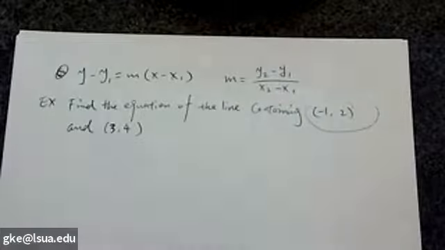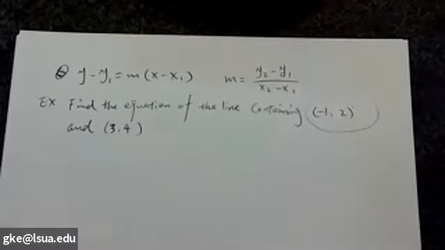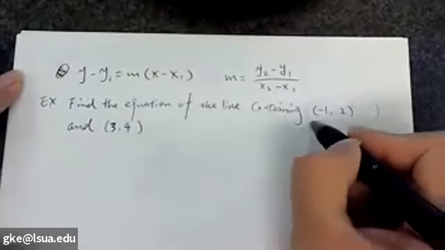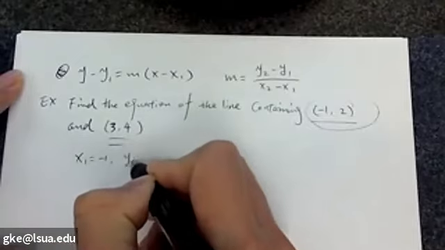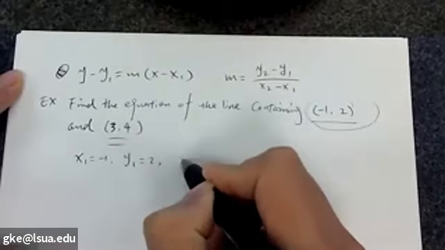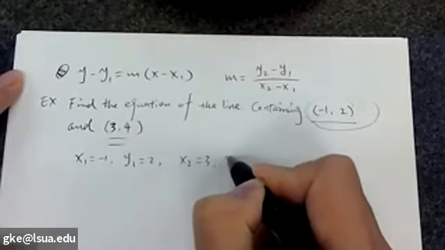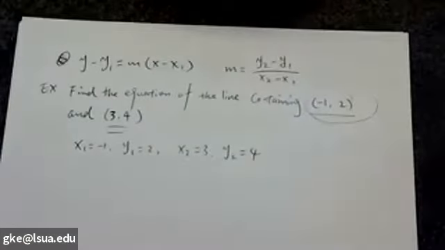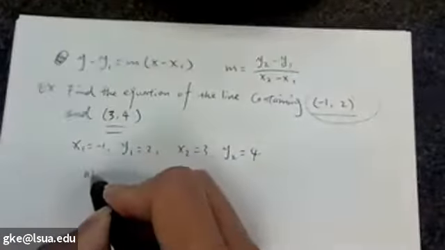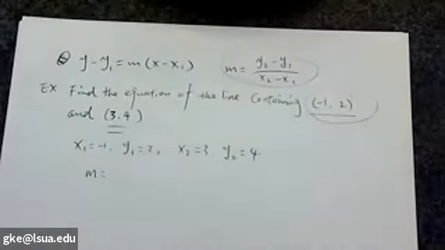So let's take a look how to calculate the slope. So for this guy, we have x1 equals -1, y1 equals 2, x2 equals 3, y2 equals 4. Right? That means we're gonna plug in this formula.